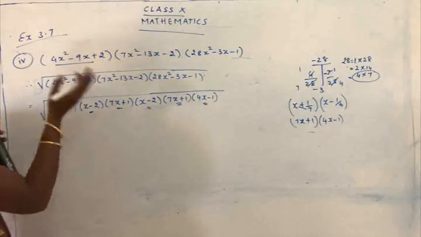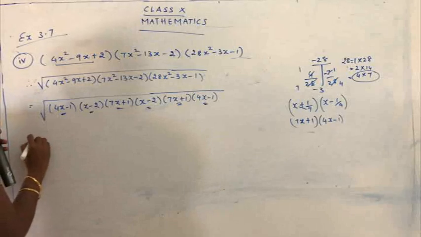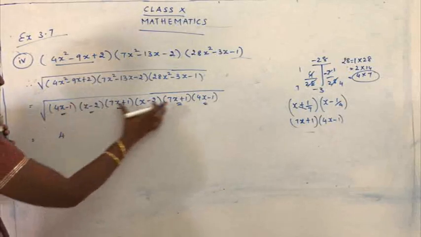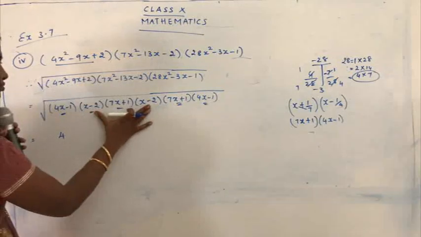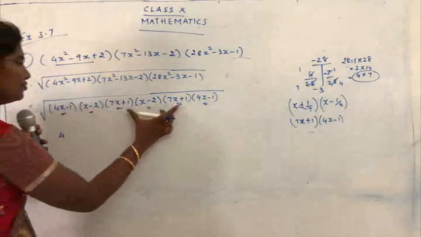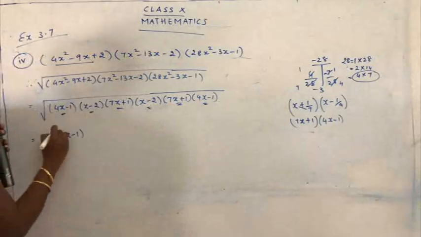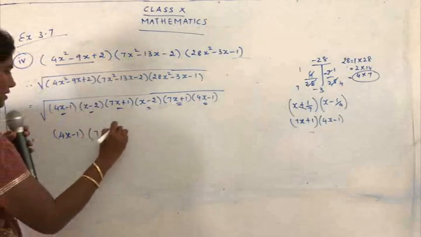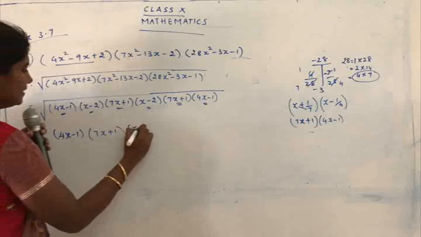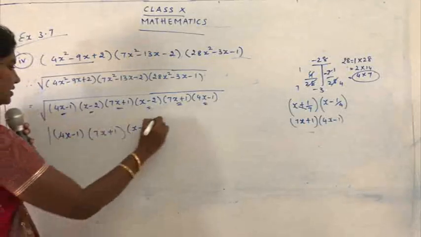So when it comes out of the square root sign, you just get the answer as 4x minus 1. From 2, you are going to get 1. From 2, you are going to get 1. And from 2, 7x plus 1, you are going to get 1, 7x plus 1. So 4x minus 1, 7x plus 1, and what is left out? x minus 2. So this is the required answer.